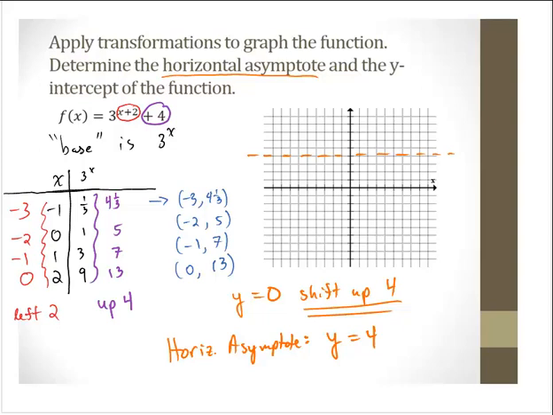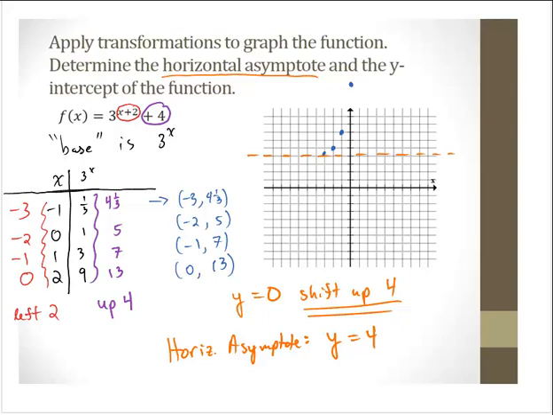Let me just use a standard scale. All right. 1, 2, 3, 4 and 1/3. That's going to be about here. -2, 5. -1, 7. And 0, 13, 10, 11, 12, let's say 0, 13 is about here.